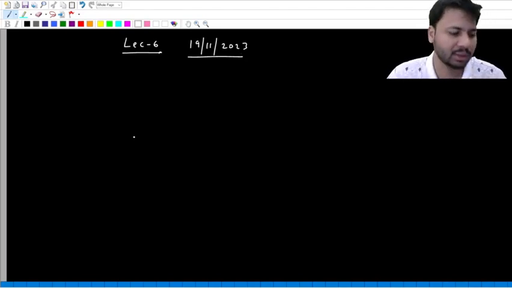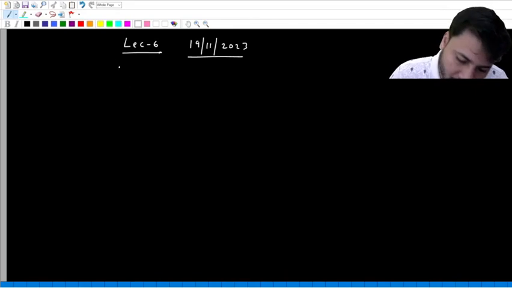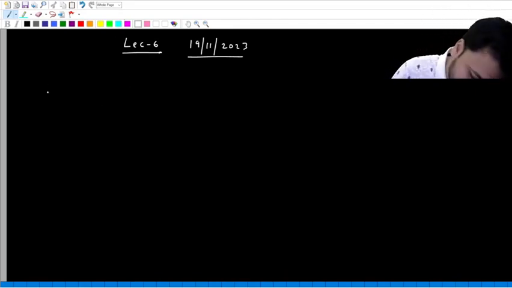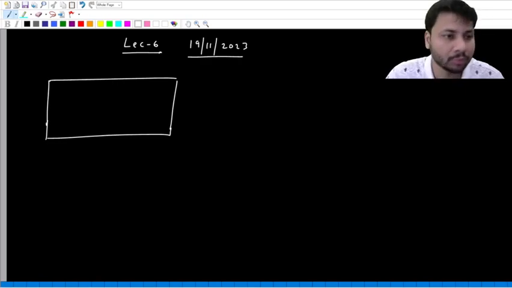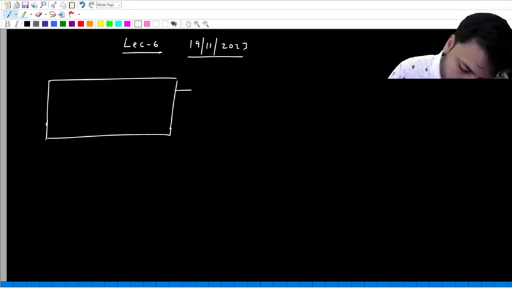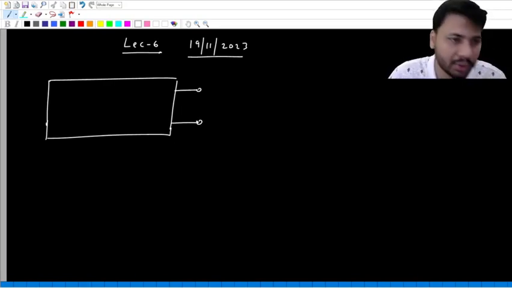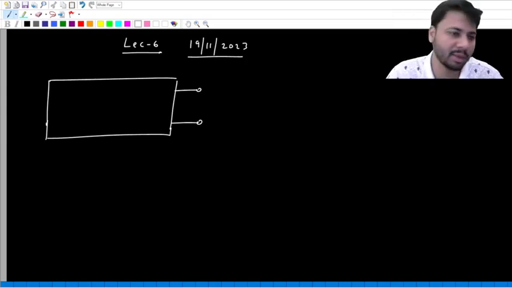So what is this Thevenin's theorem? If you have a linear one-port network, so this box is a linear network, and for this box there is only one port. So what is a port?